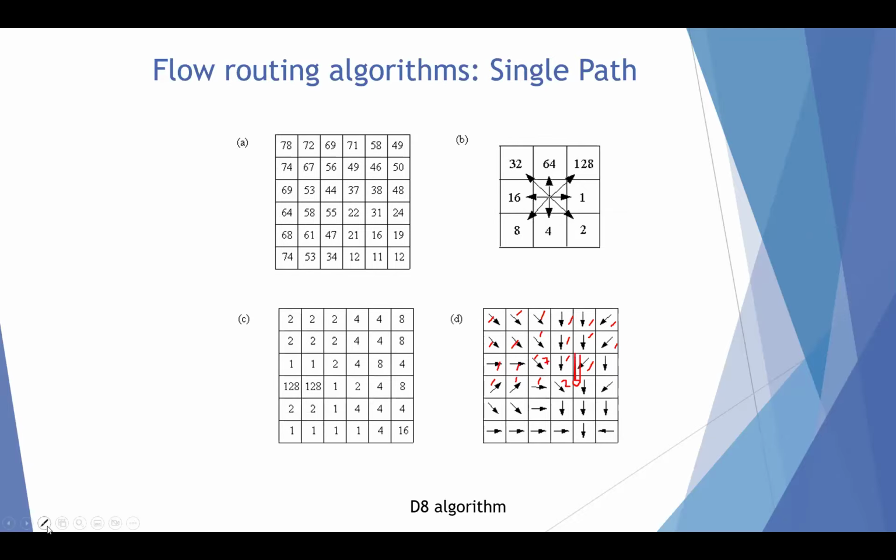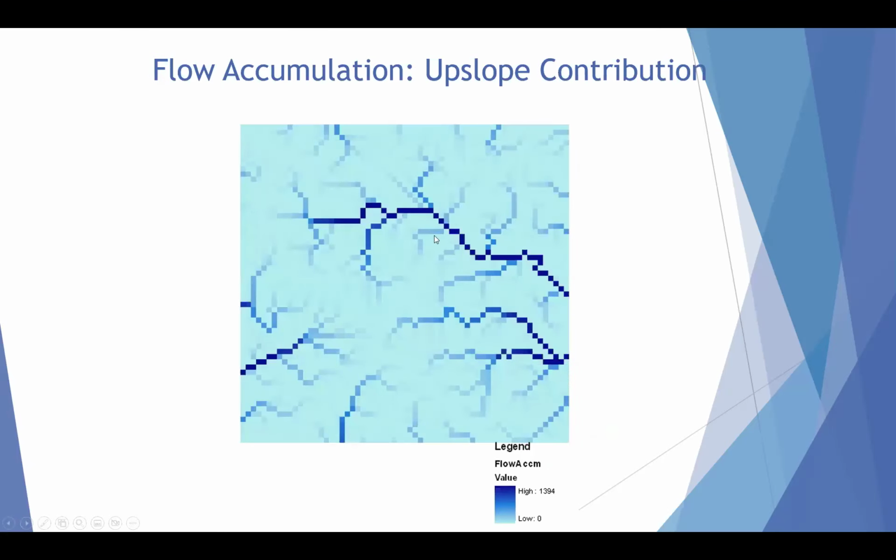So likewise, I can get the flow accumulation. Now you can see here, that means if I try to move in the downward direction along the stream, the flow accumulation will be maximum, and when I move towards the upstream, it reduces.